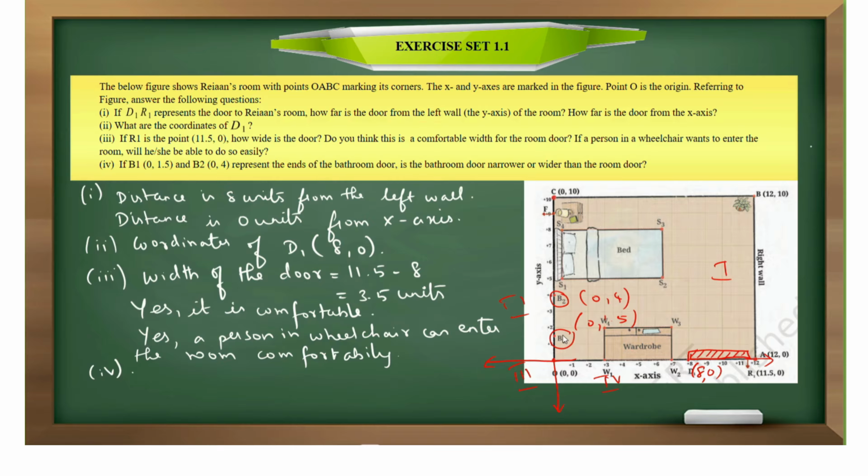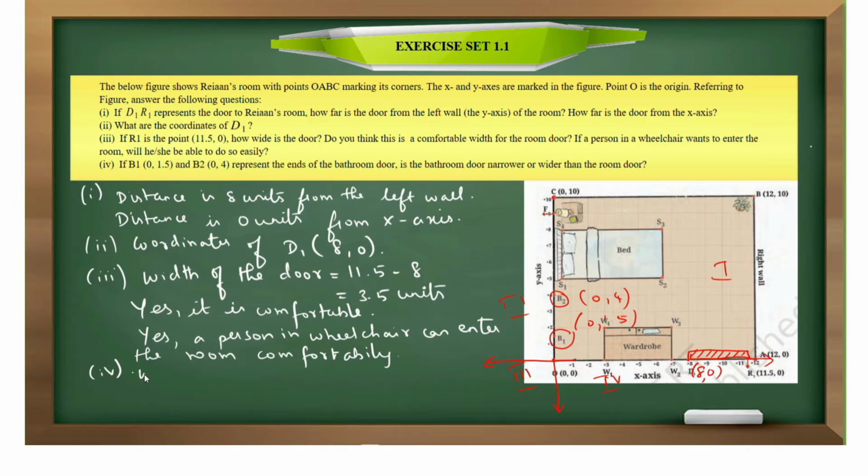They are saying that b1 and b2 are the ends of the bathroom door, right? So we have to find the width of the bathroom door, then we can discuss whether it is less than or greater than the width of our room door. For that, again we subtract two values, the larger minus the smaller value. In these coordinates, the larger value is 4 and the smaller value is 1.5, right?